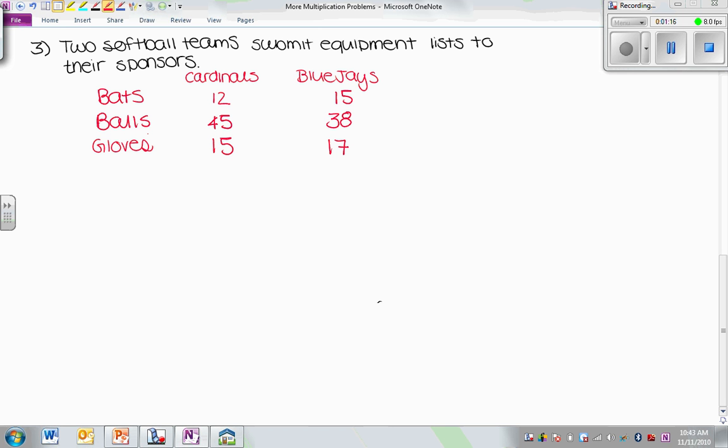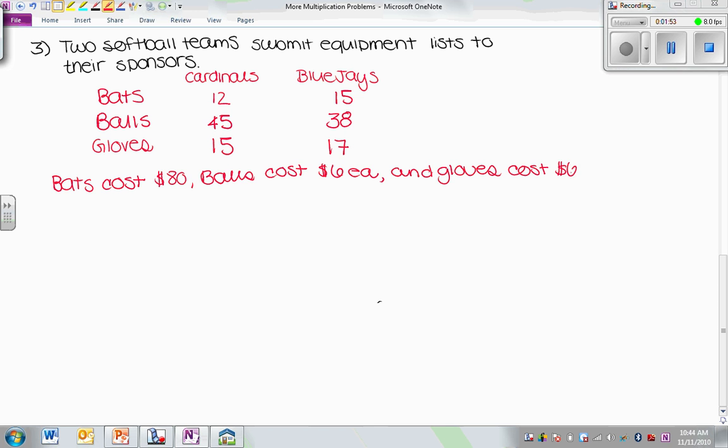Okay, so also each bat costs $80. Balls cost $6 each, and gloves cost $60.